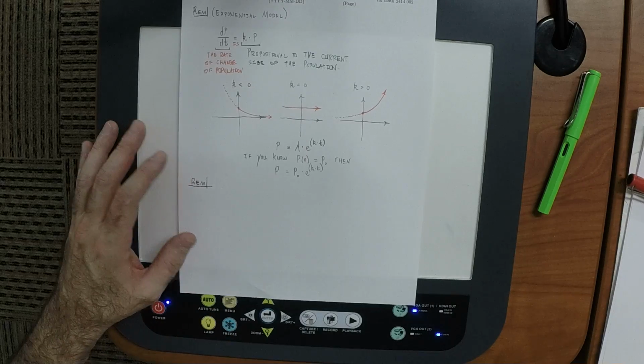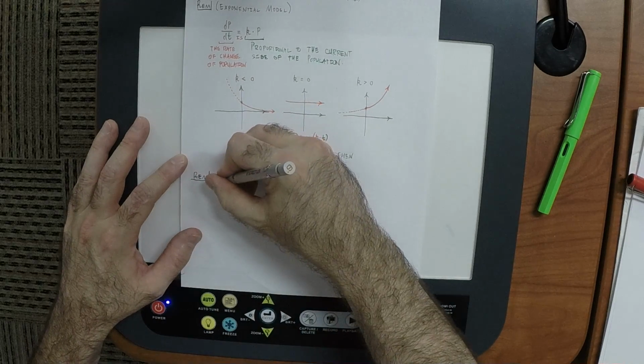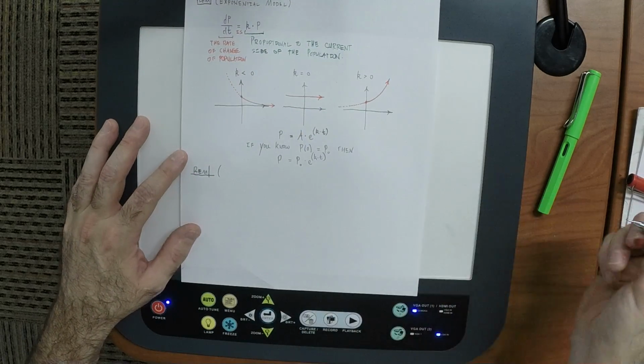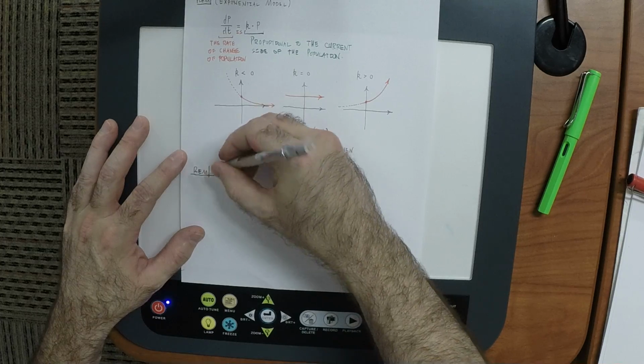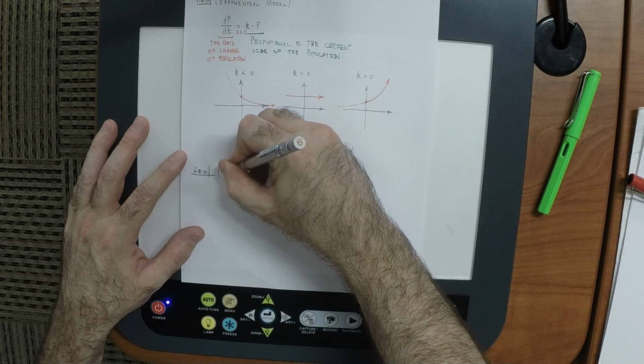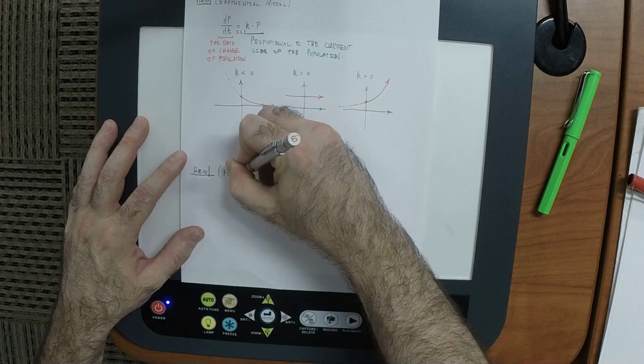So, the book doesn't have a name for this one, so I'll just call it the forced model.